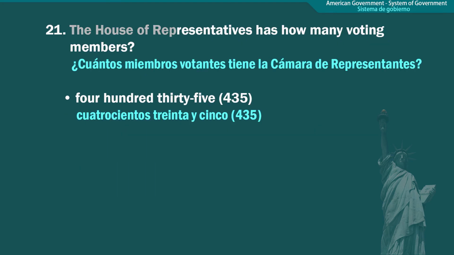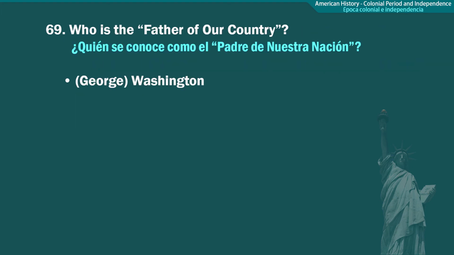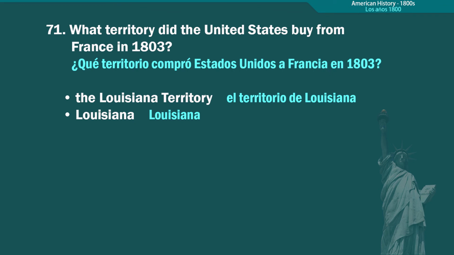The House of Representatives has how many voting members? 435. Who is the father of our country? George Washington. What territory did the United States buy from France in 1803?